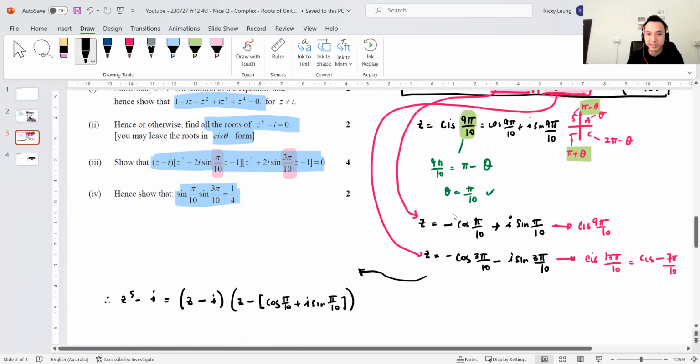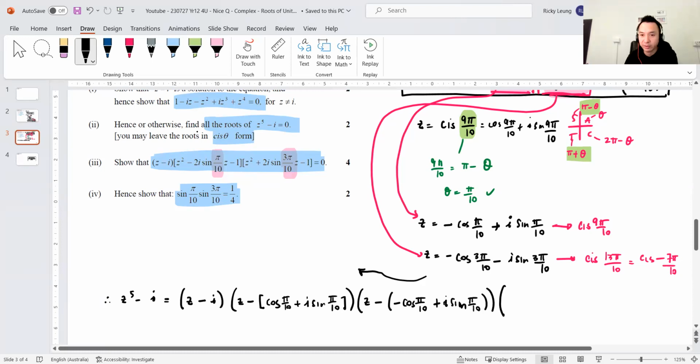The second one now, where's his matching pair? This guy's the matching pair there. So I'll be saying z minus, in brackets, minus cos pi on 10 plus i sine pi on 10. Now it's a bit long, right?